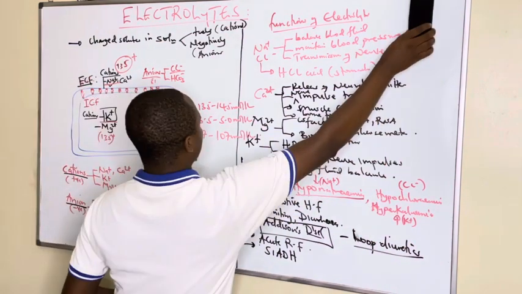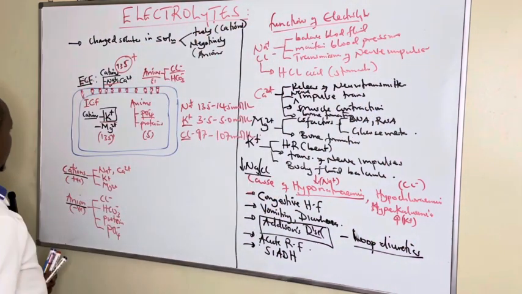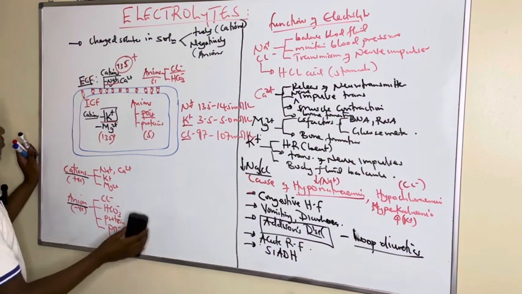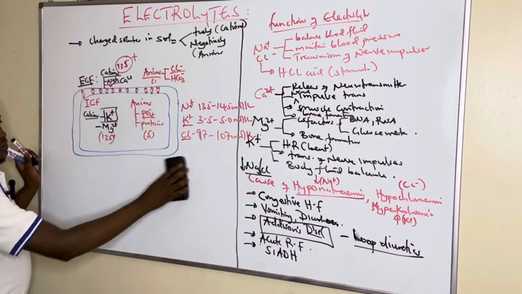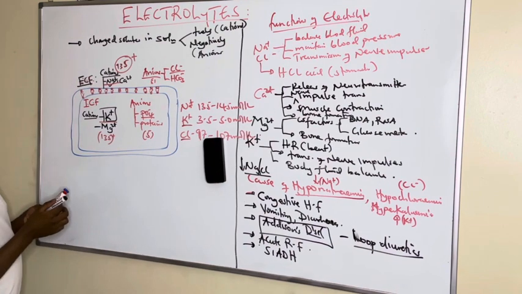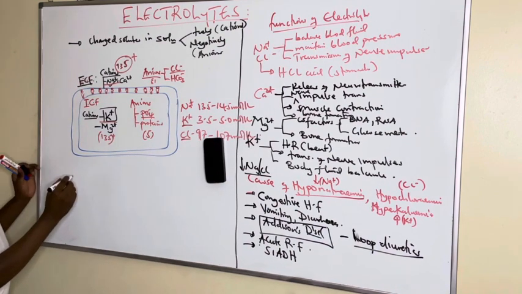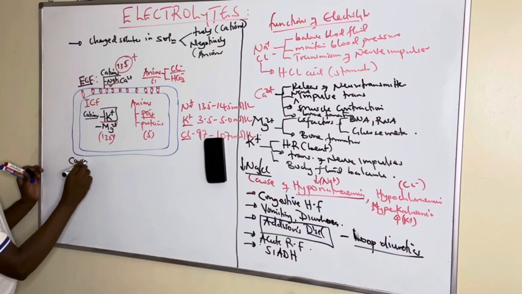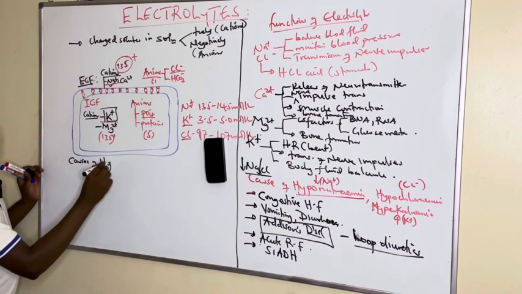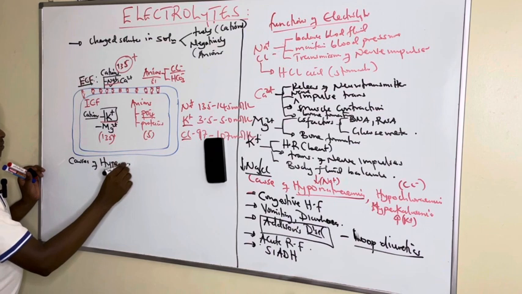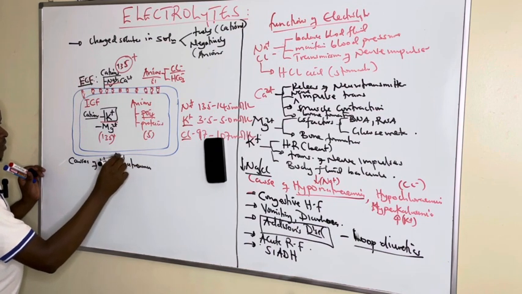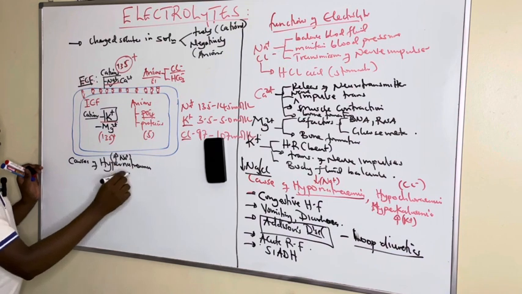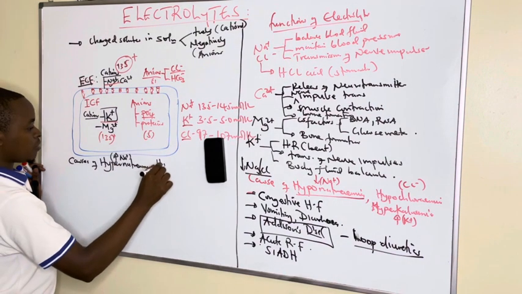Then we can also look at the causes of high sodium levels, that is causes of hypernatremia, which can be the same as causes of hyperkalemia.